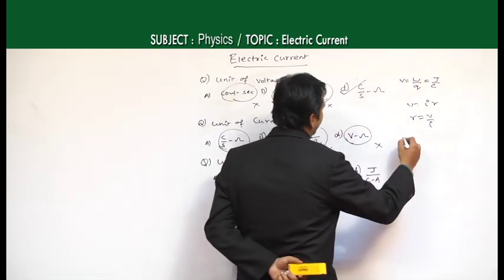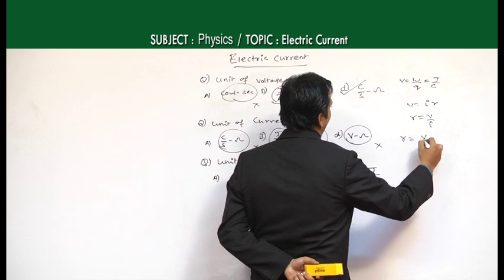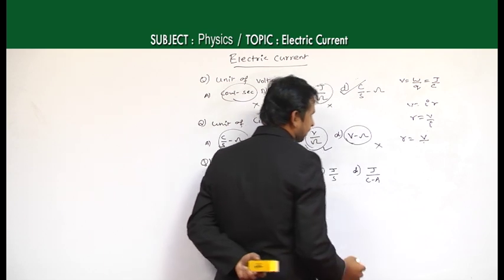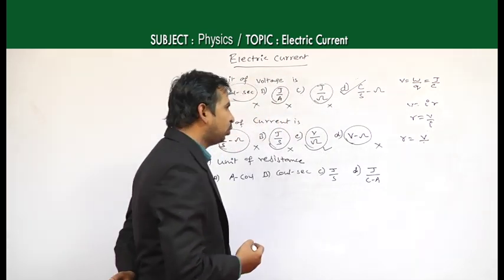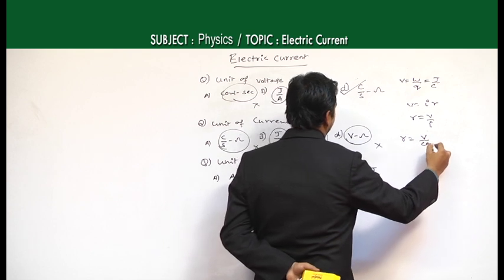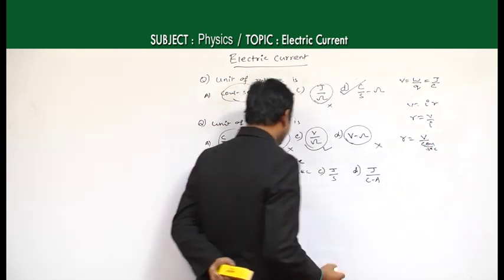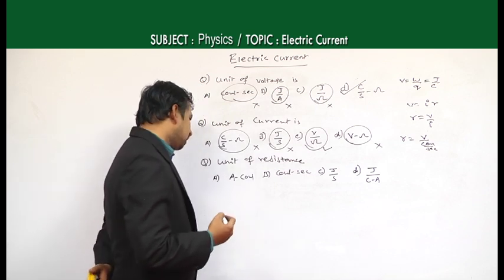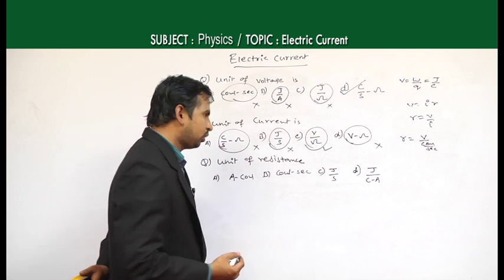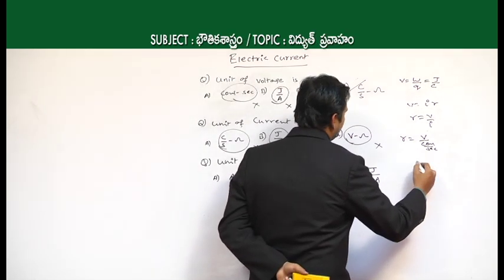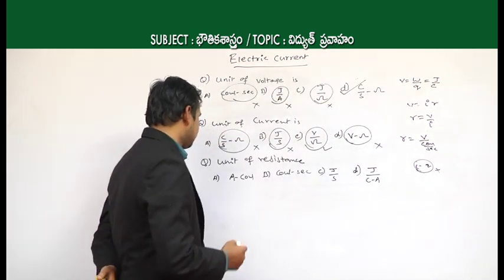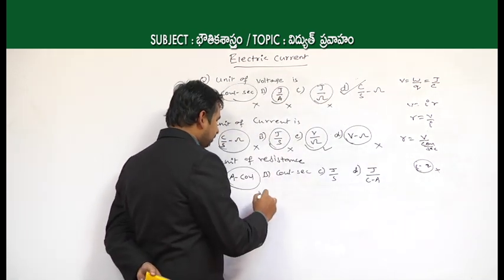So, from this we can write R = V/I, where the voltage is Q by C and the current is nothing but coulomb per second. In the first case, ampere coulomb, ampere is current and coulomb is Q, which is I into Q, which is not the unit of resistance. So, ampere coulomb is wrong.